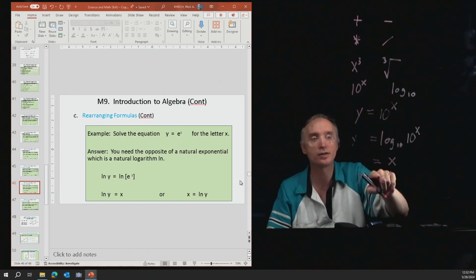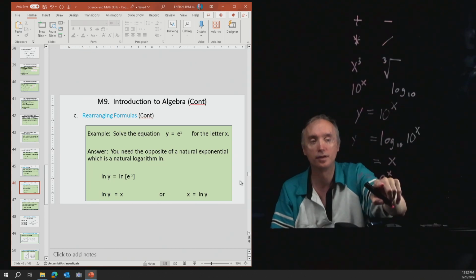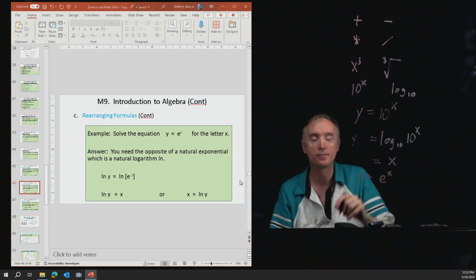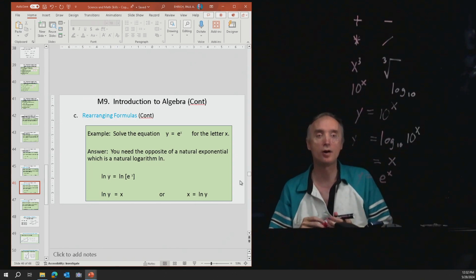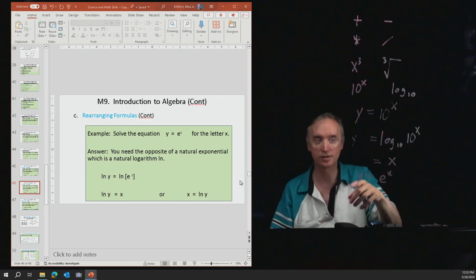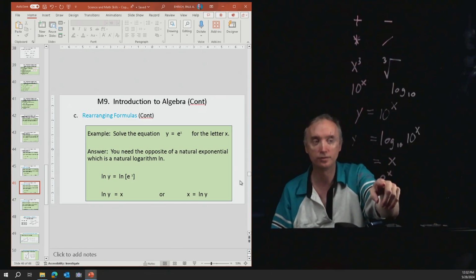So this is a special number, an exponential number, and this occurs quite often in physics. So this is an exponential function, and the opposite of an exponential is going to be a natural logarithm.